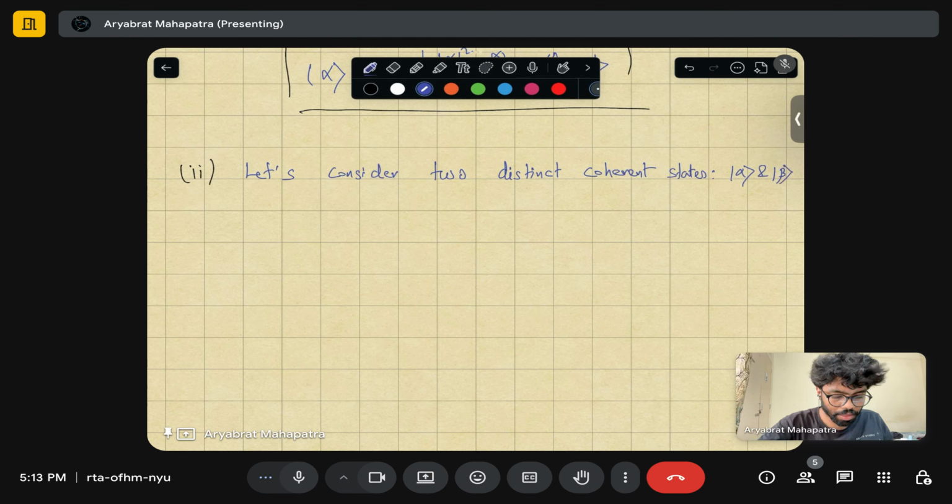Then we have to evaluate the inner product of alpha and beta. So this is what we have to calculate.